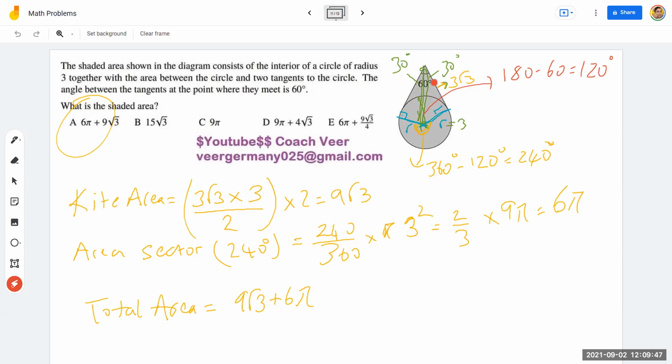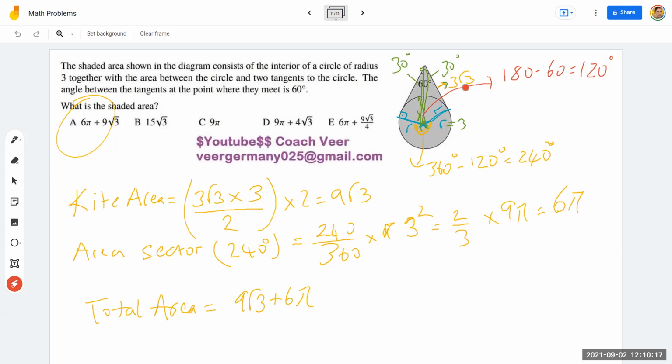When we draw this straight line from this point to the center, it divides into two equal parts. It means this is 30, 30. The angle 60 is divided into two equal parts. Since the radius is given as 3, which is opposite the 30 degree angle, the other one is 3 root 3. So this is a special triangle.